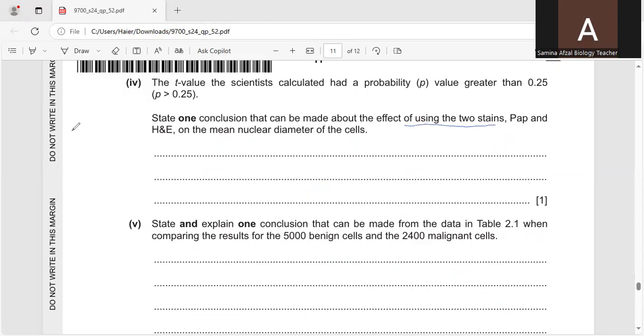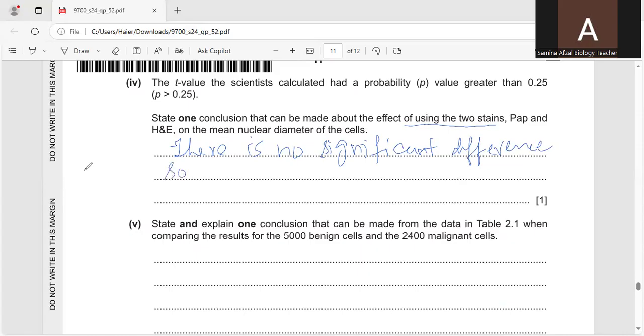So in this way, we will see that we will accept there is no significant difference.